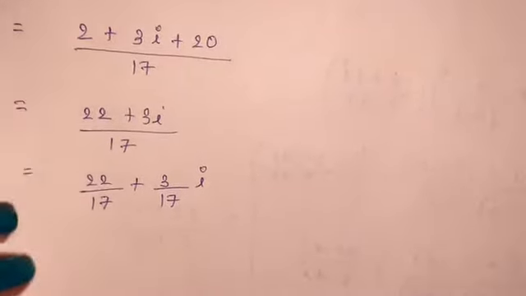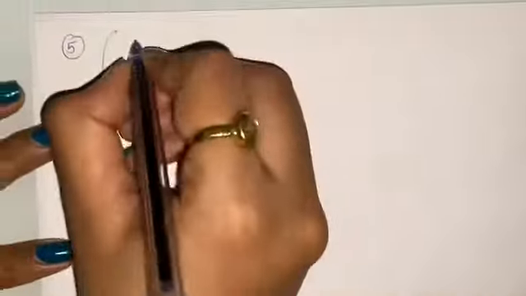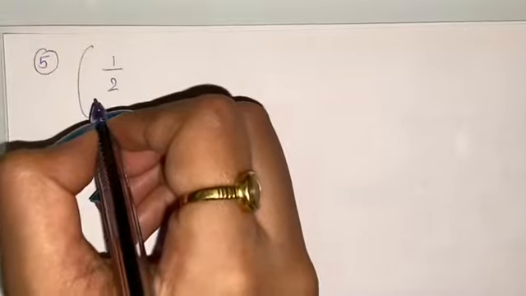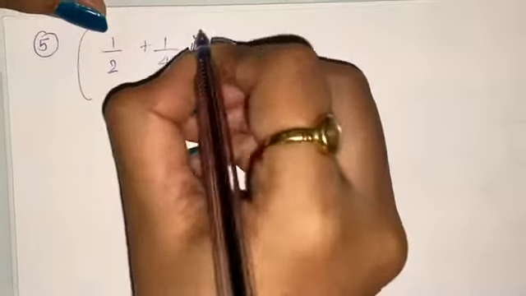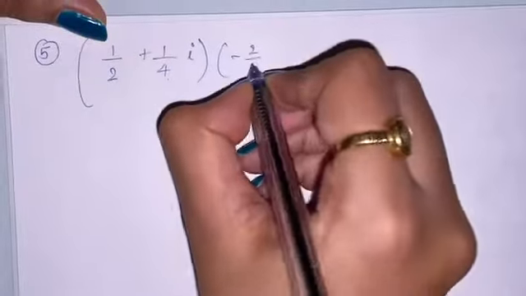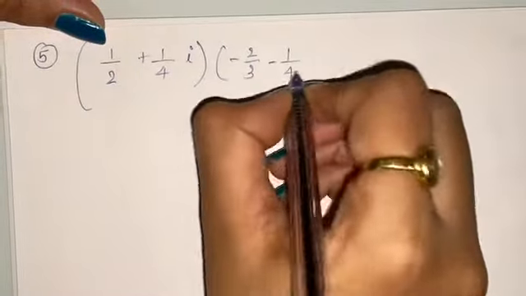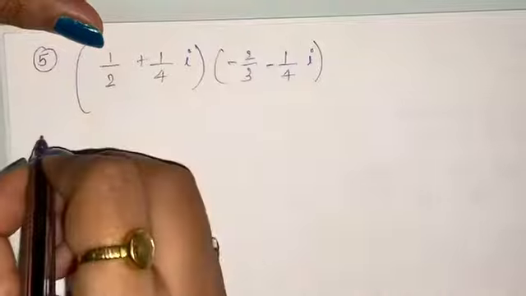Next question is also an important one. Question number 5: (1 by 2 plus 1 by 4 i) into (minus 2 by 3 minus 1 by 4 i).